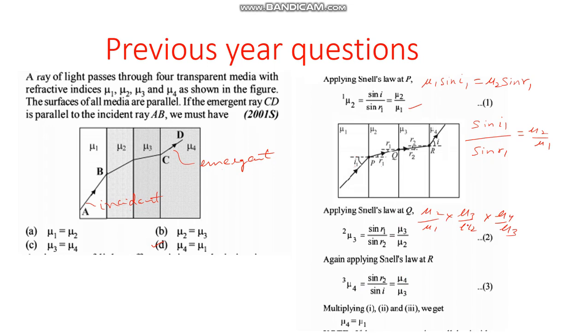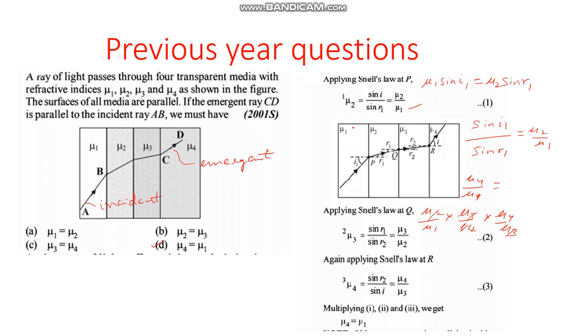All these get cancelled and you are left with mu4 by mu1, which equals, on the left hand side, sin I by sin R1 into sin R1 by sin R2. Here the first and the last term remain. Sin R1 is cancelled, sin R2 is cancelled.